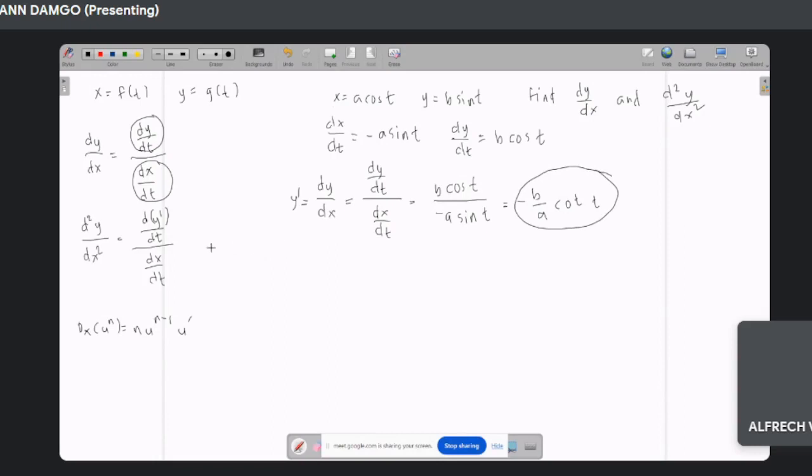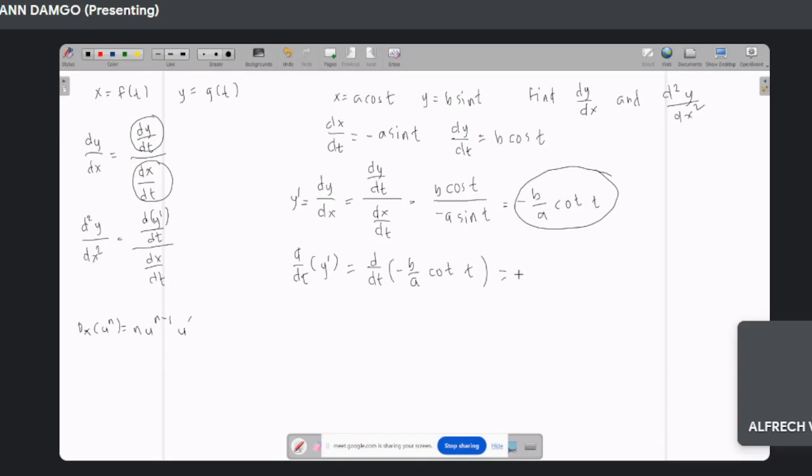For the second derivative, we need to solve the d dt of y prime. So our y prime here is negative b over a cotangent t. Okay, so we need to find the derivative. b and a are constants with respect to t.